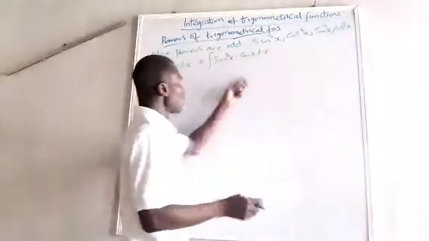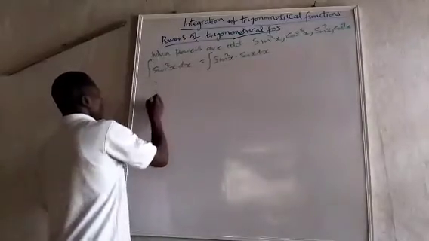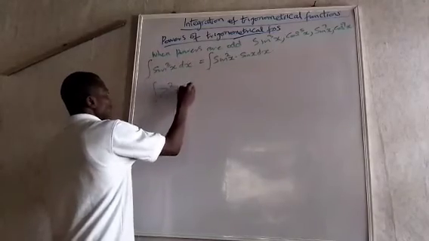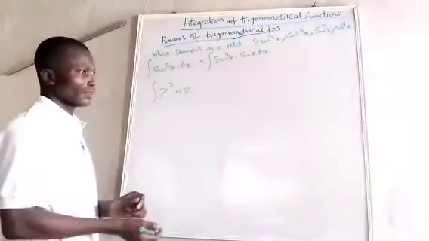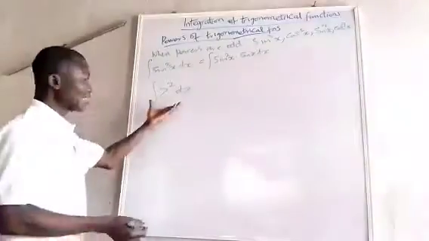So this one will now look like z square dz. At the end of the day, this is what it's going to be like.